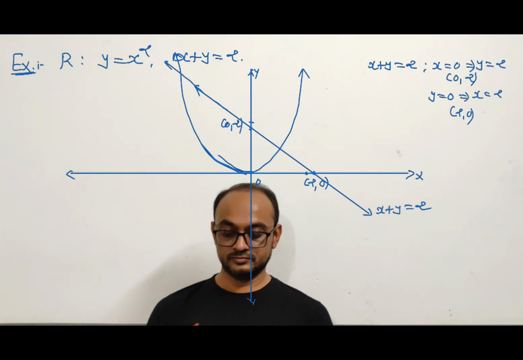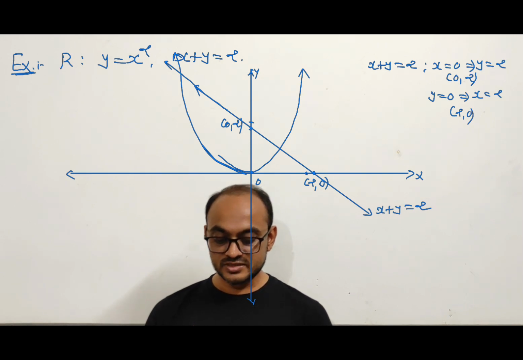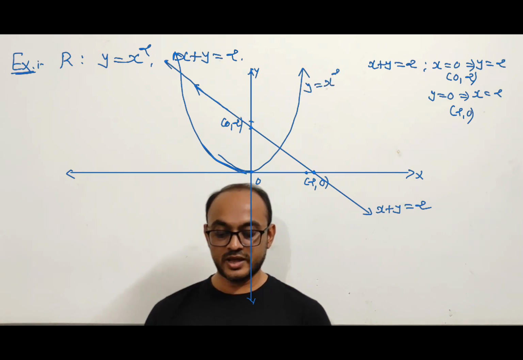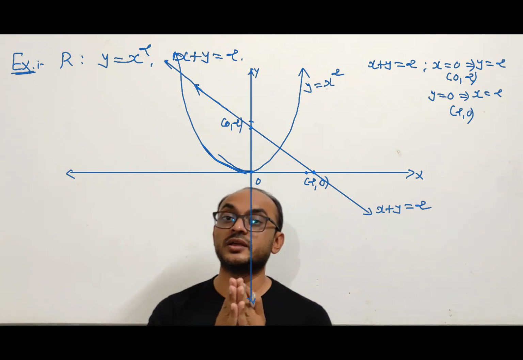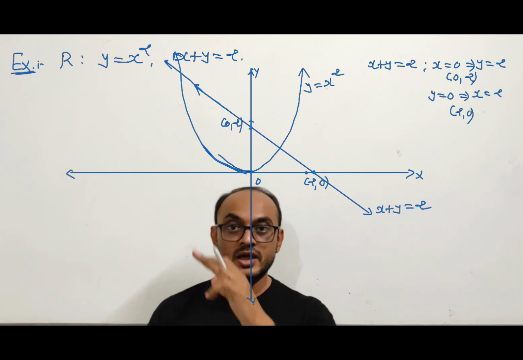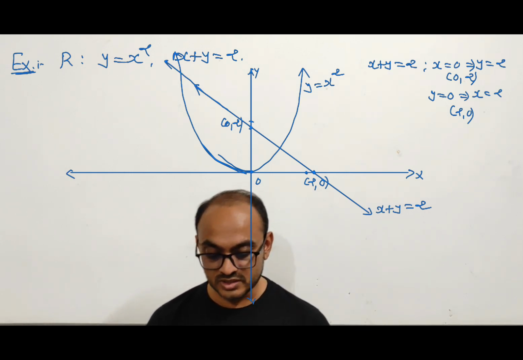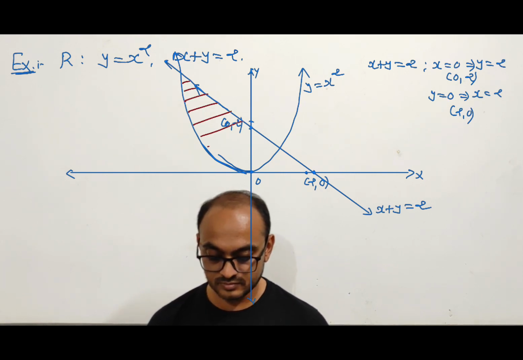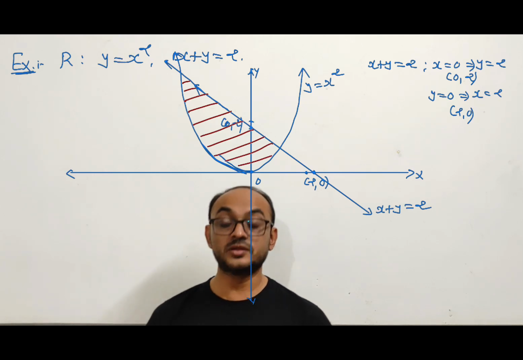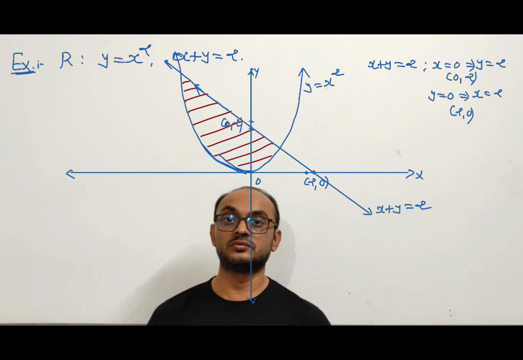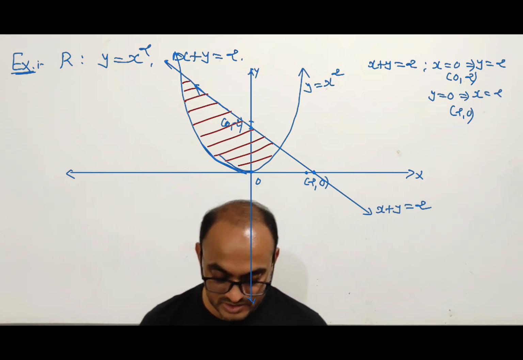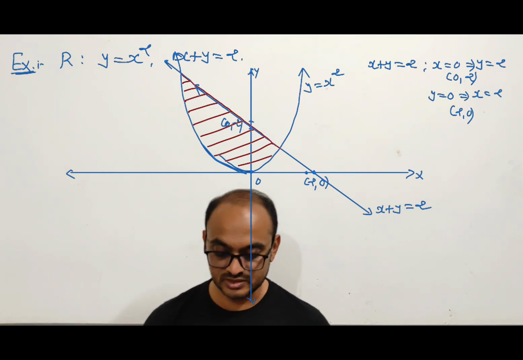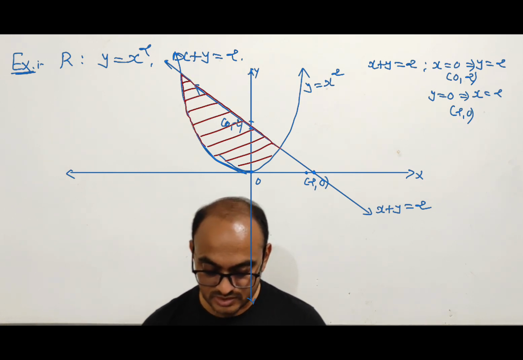This is the curve y is equal to x square. So what is the region? The region is bounded by these two curves, the line and the curve. So this portion is our region. This is the only portion which is bounded by the line and the curve. So the region R is bounded by this line and this curve.